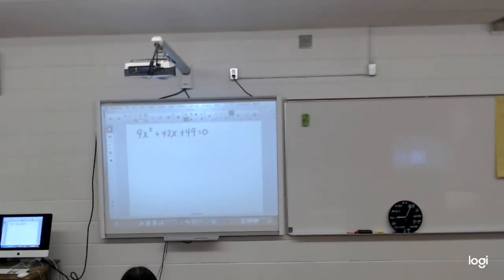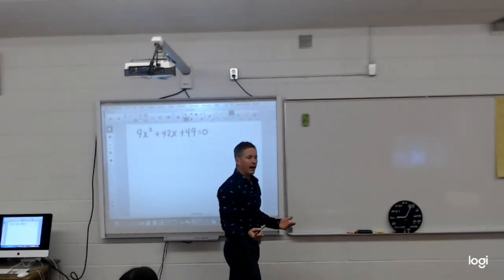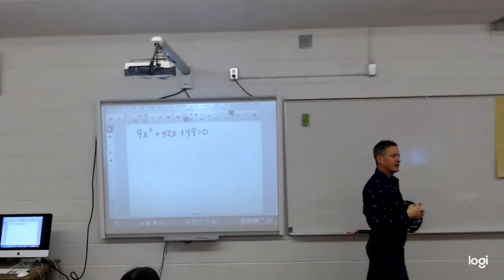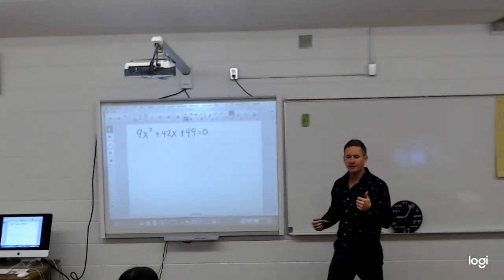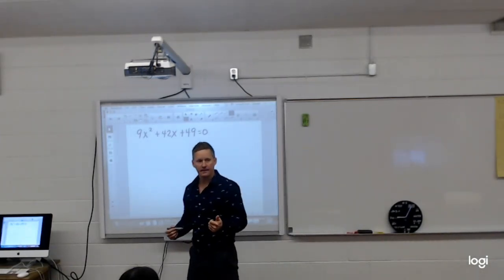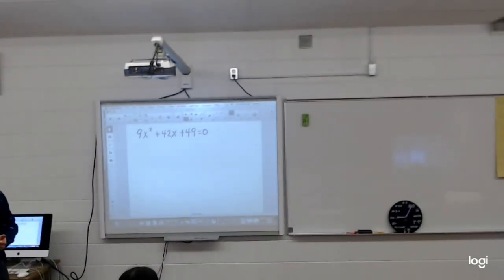So now I have to decide, how do I factor this? Well, there's the long way to factor it, which I'll show you. And then there's the way in which you have to have the ability to recognize perfect squares. Is 9x squared a perfect square? Yeah. Is 49 a perfect square?